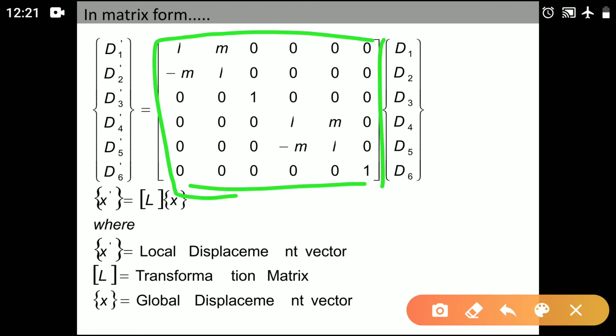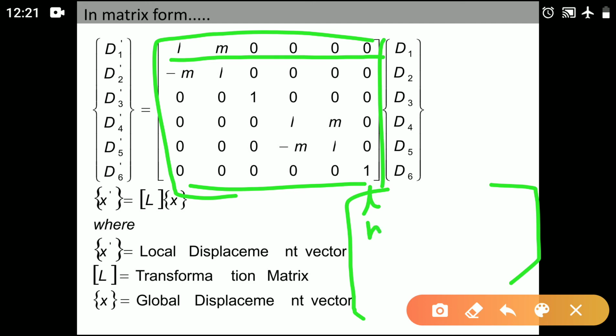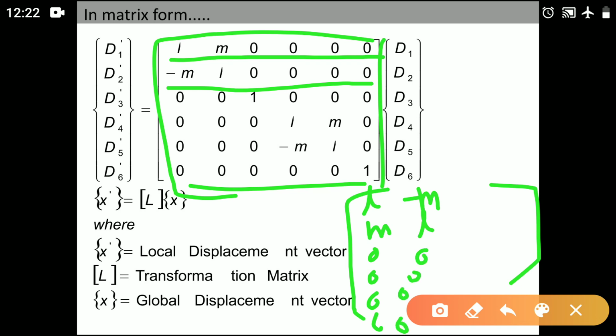To write the transpose of this matrix, see the first row, L M 0 0 0 0. Write that row as a column, L M 0 0 0 0. Similarly the second row, minus M L, write that as the second column, minus M L 0 0 0 0.